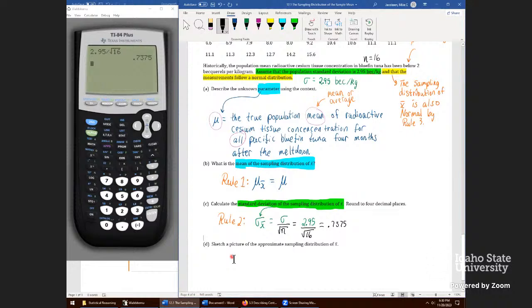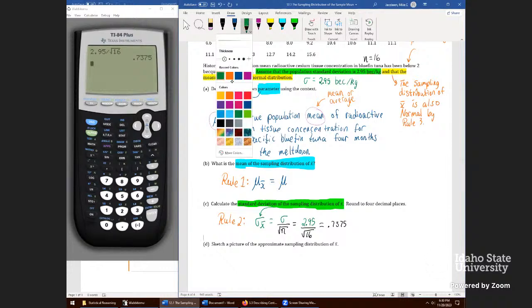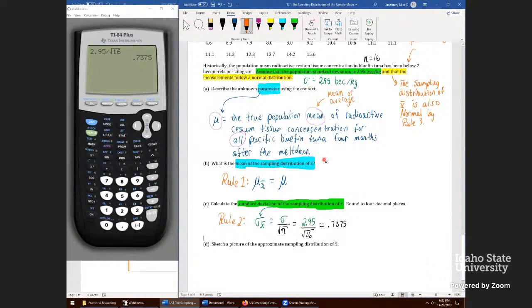They're asking us to sketch a picture of the approximate sampling distribution of X bar. But if you think back, go back down memory lane, here's what we're really doing in this problem. The instructions aren't formatted the same as when we did this in section 9.3, I believe. No, excuse me, 8.3. Because the wording in the web assign was very specific.